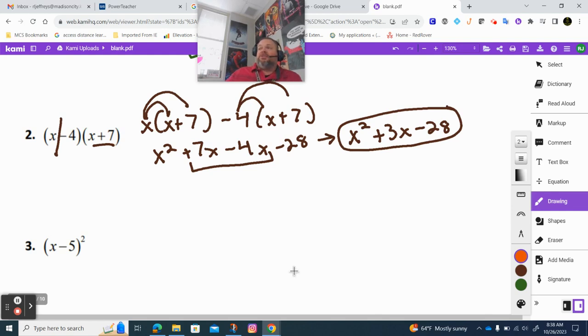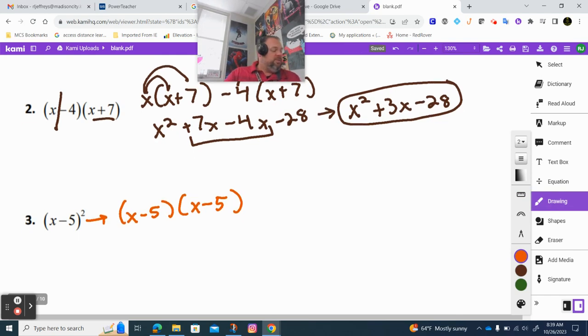What this means is this whole thing is multiplied by itself. So when we do that, now we can set it up.